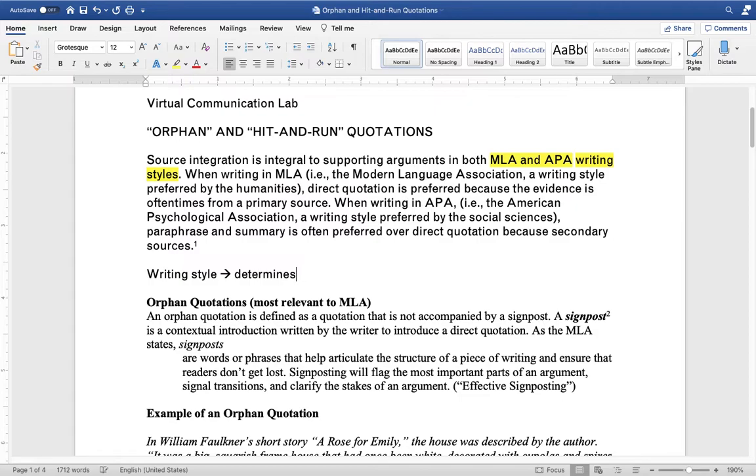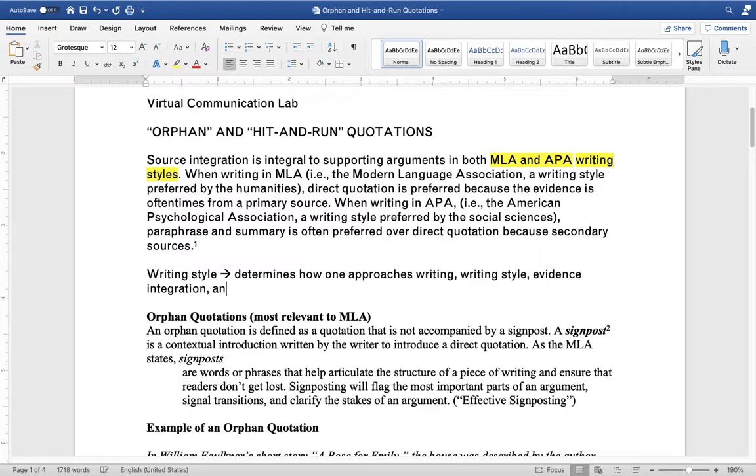That's a reductionist perspective, but it determines how one approaches writing and formatting. I should say writing style, evidence integration, and formatting in a particular discipline.